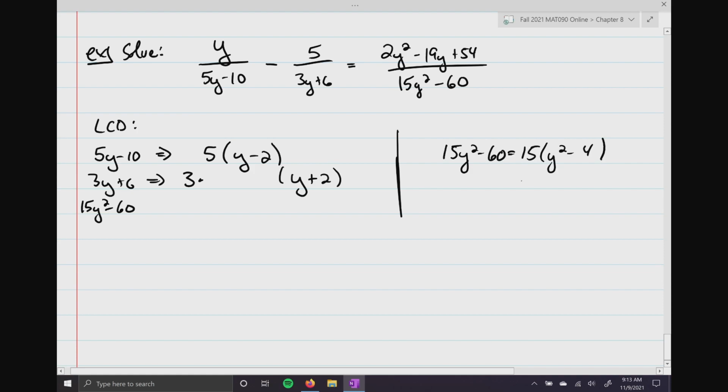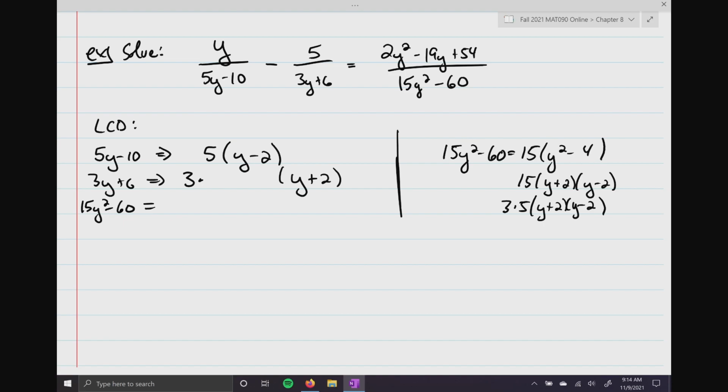And then I got difference of squares, so it's going to be y plus 4. Oh, sorry, not plus 4. It's going to be y plus 2, and then y minus 2. And then last but not least, that 15 can break down into 3 times 5 times y plus 2 times y minus 2. And if you look, and to be honest with you, this happens a lot because we want you to do this.